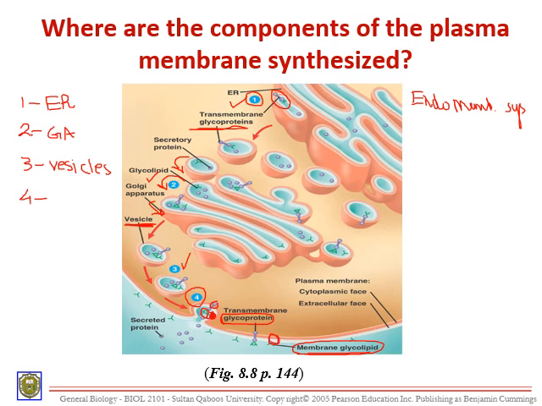So these components are produced by the endomembrane system. They start in the ER, then go to the Golgi apparatus, and then a vesicle buds from the Golgi apparatus, fuses with the plasma membrane, and you can see them here facing the exterior of the plasma membrane. So number 4 here would be plasma membrane. And this is how the components of the plasma membrane are synthesized.